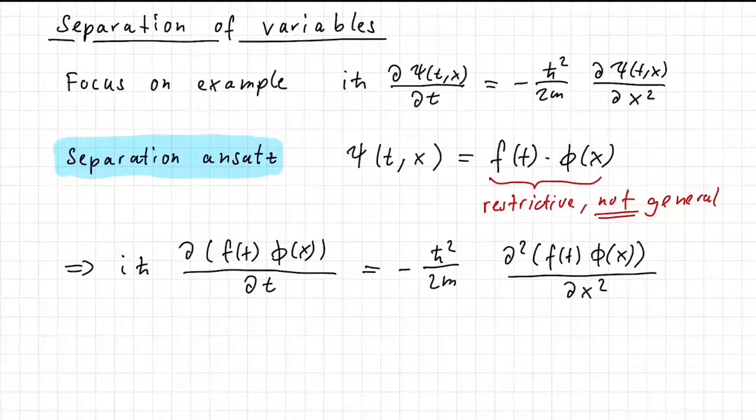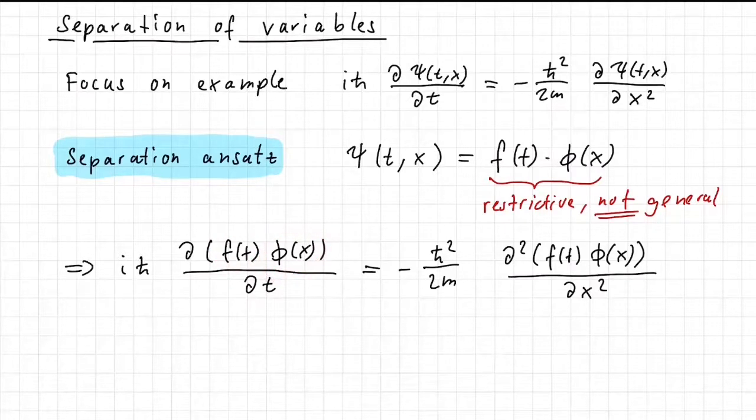Now, we were just talking before about how we have to read this partial derivative when we have both variables, t and x. In the first case, this derivative only acts on f of t, because phi of x is like a constant for d dt.